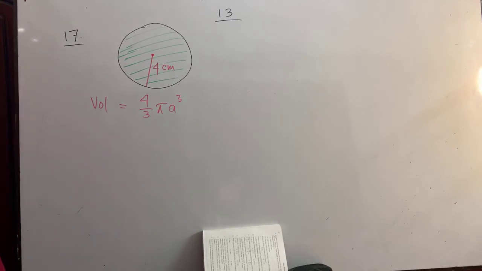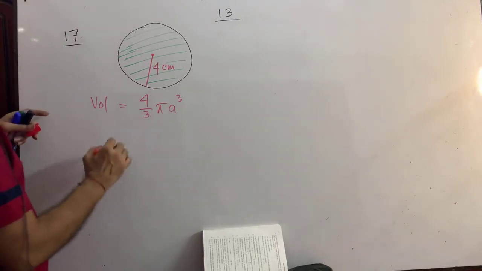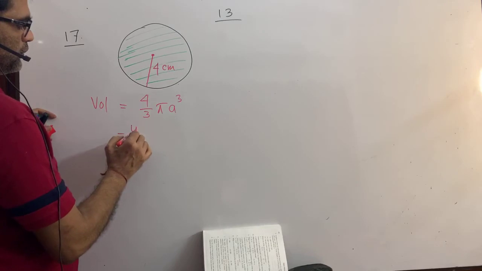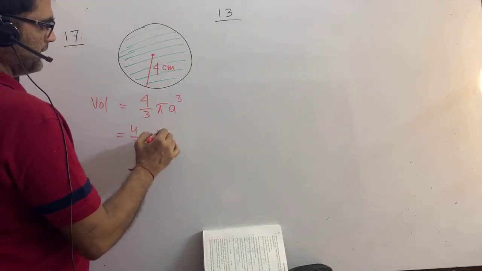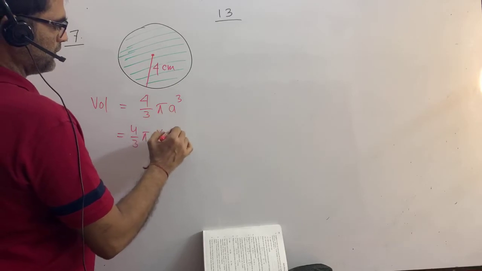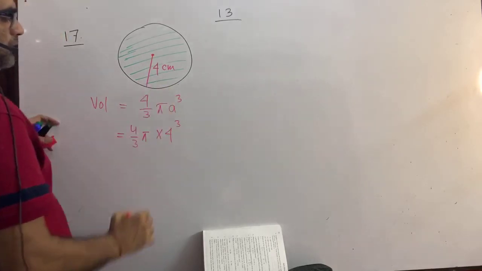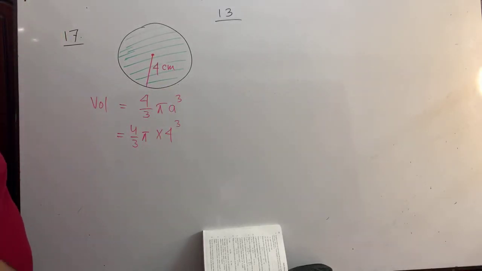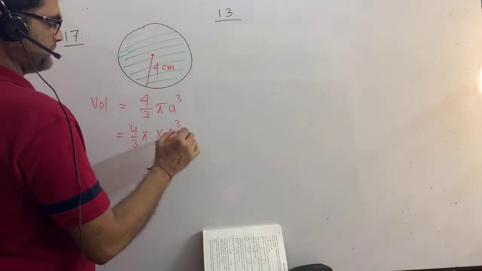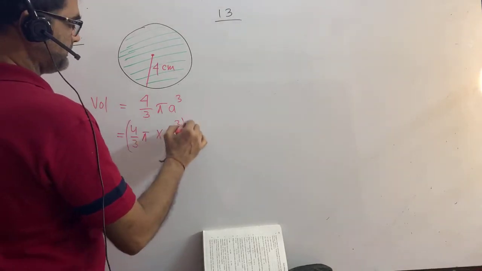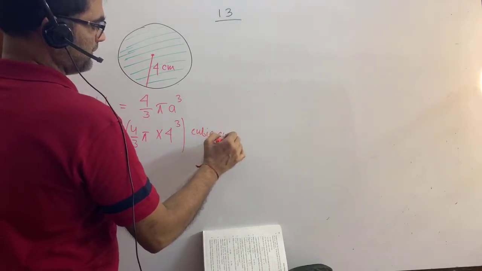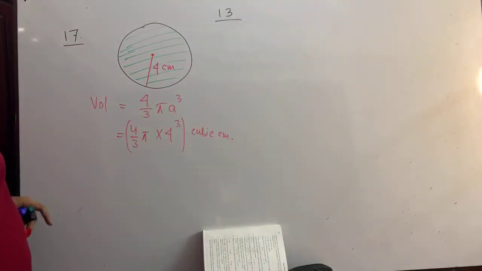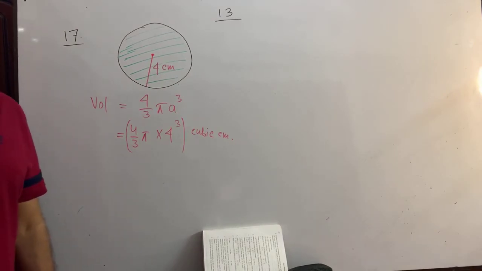That means we are getting here 4 by 3 pi into 4 cube, cubic centimeter. We have got the volume of the solid sphere, right?